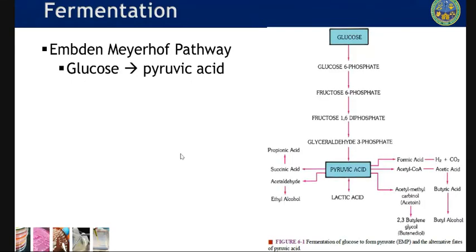I guess you have studied this in your biochemistry, which leads to the production of acid, making use of glucose as substrate. We have the Embden-Meyerhof pathway, in which glucose is the substrate for the production of pyruvic acid in the different pathways. You make use of different enzymes as you go along the pathway itself.